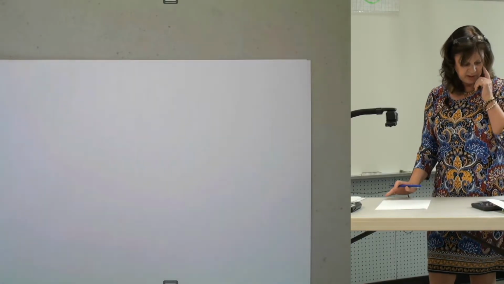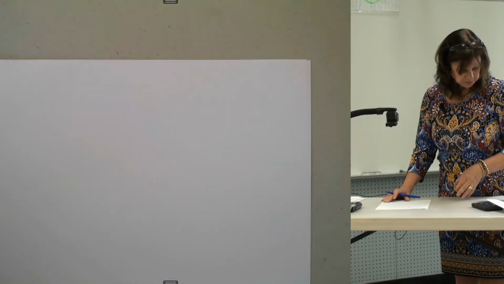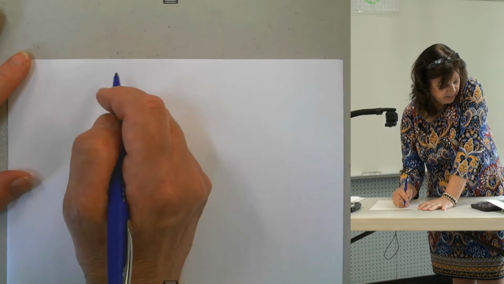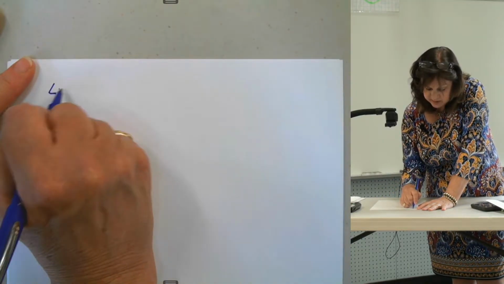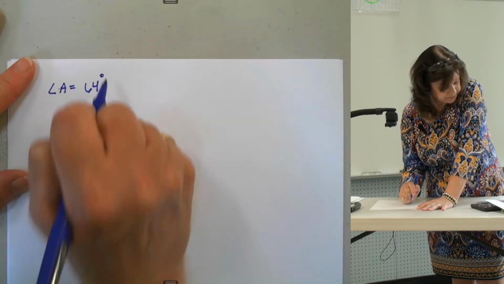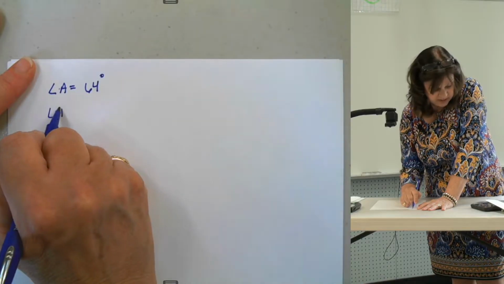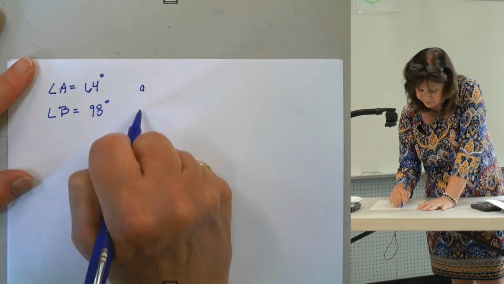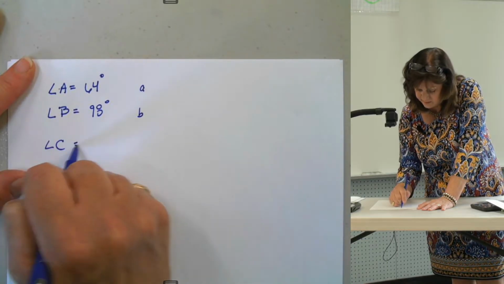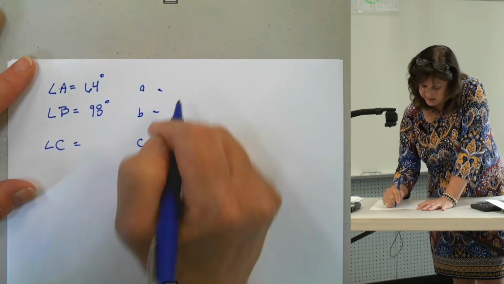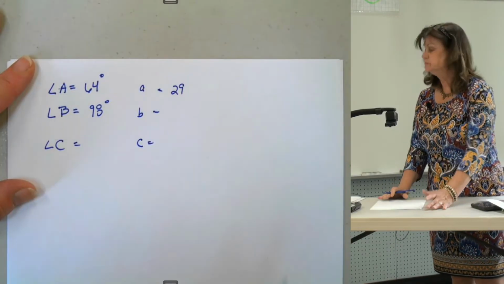So on a separate sheet of paper, here we go. Let's look at a couple problems. We've got a triangle. Angle A is 64 degrees, angle B is 98 degrees, and length A is 29.